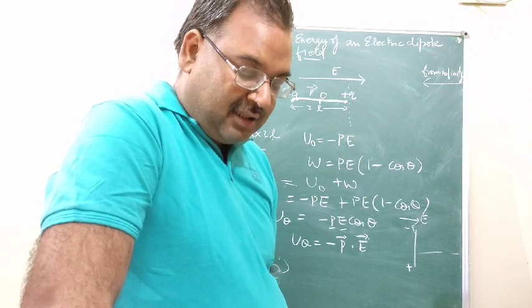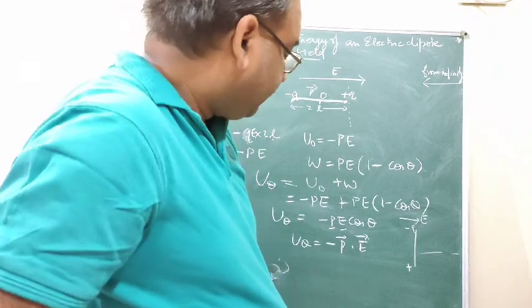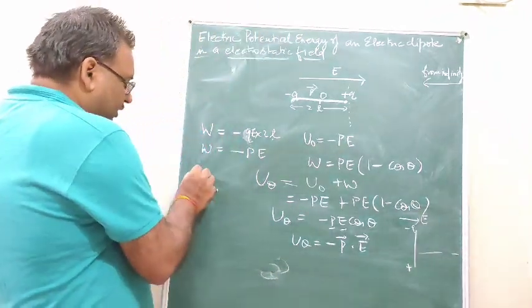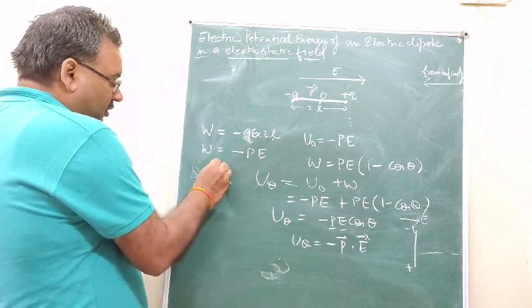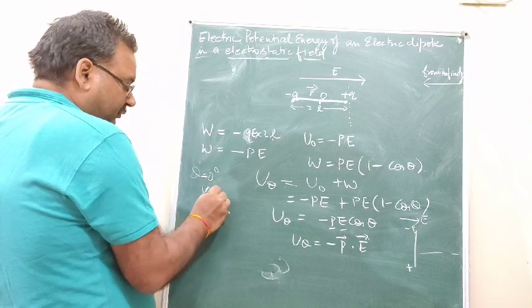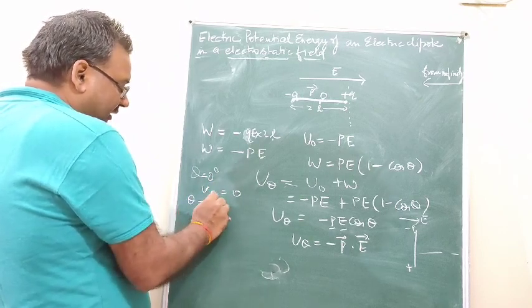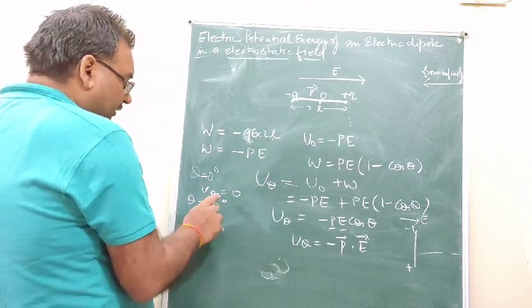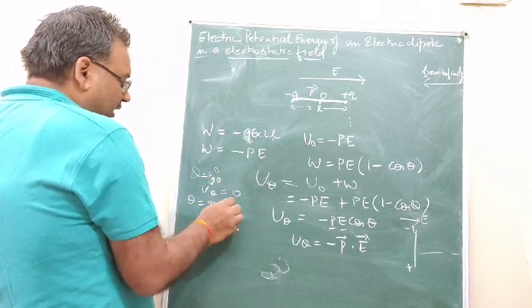And the third and last case, if the dipole is rotated by an angle of 180 degrees. So we'll write down the cases. If theta is 90 degrees, then U equals 0.